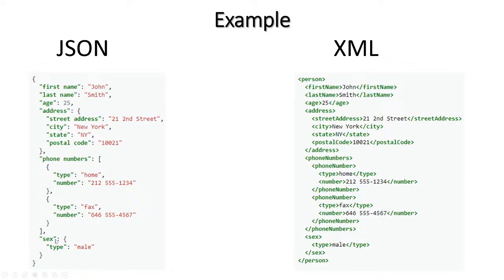And the last one is sex, which is also a type. I'm not sure why it has a separate object, but that's also a way. Maybe if you want to add some more details, you can add them here, but in this case it can be just simple. As for the age or last name, I'm not sure why in this example the value for sex is put into the object, but okay, that's the way.